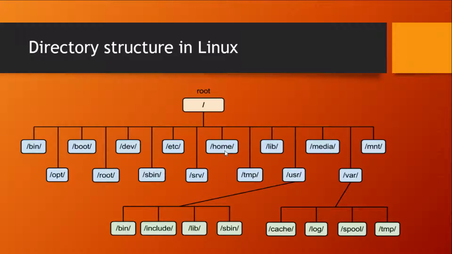Next up is home, and this is the home directory for all the users on a Linux system except the root user. Why? Because the root user's home directory is /root. So just bear in mind, this is the home directory for every other user apart from root.